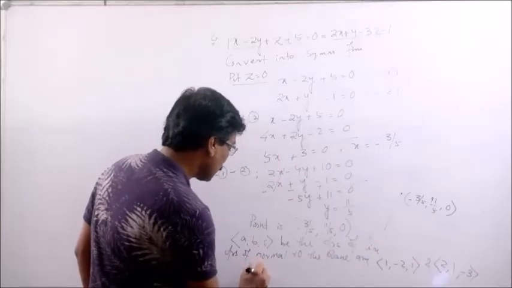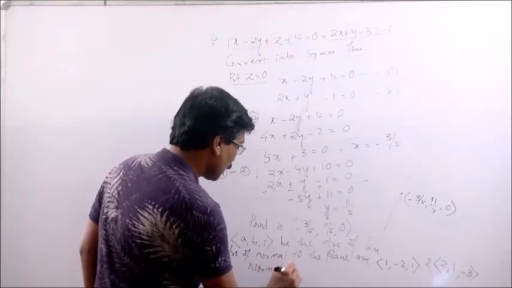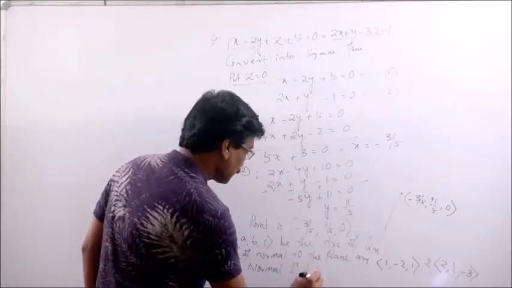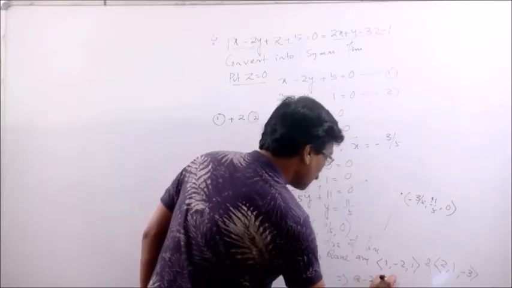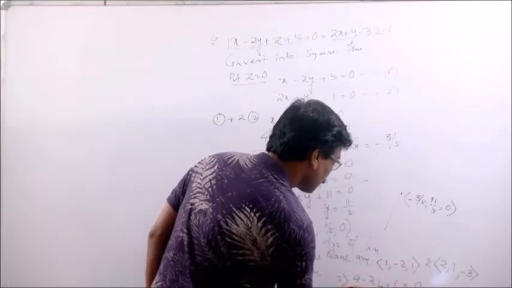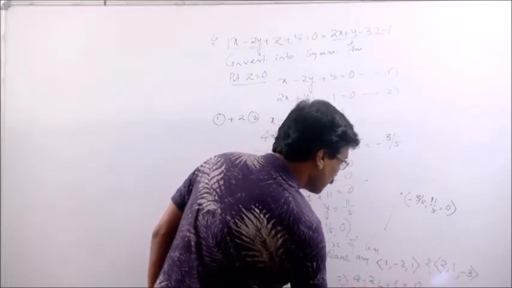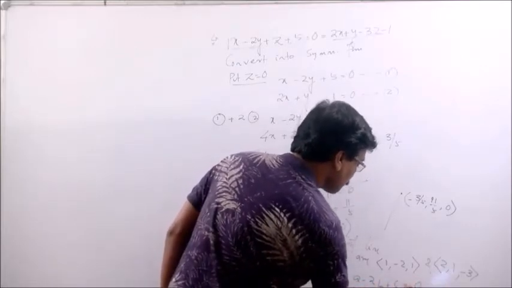As the normals are perpendicular to the line, this implies a minus 2b plus c is equal to 0, 2a plus b minus 3c is equal to 0.